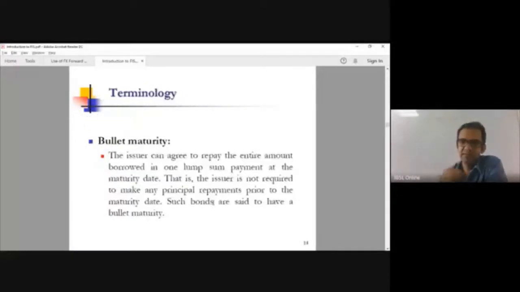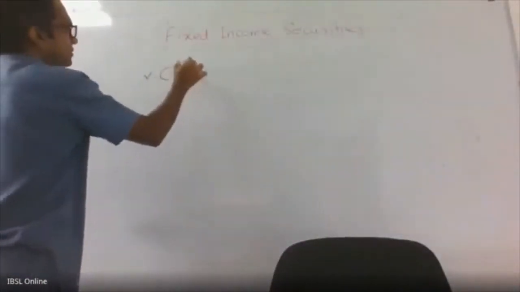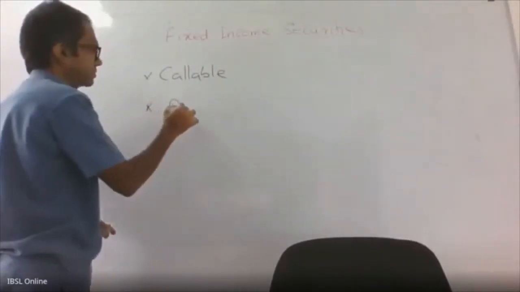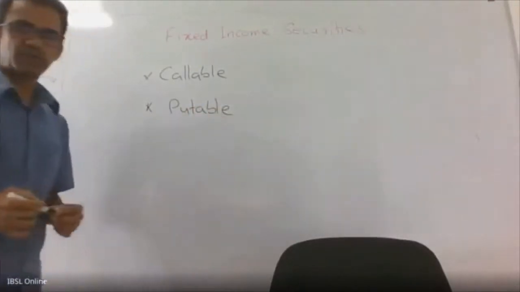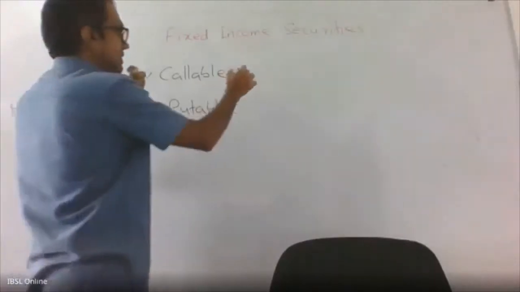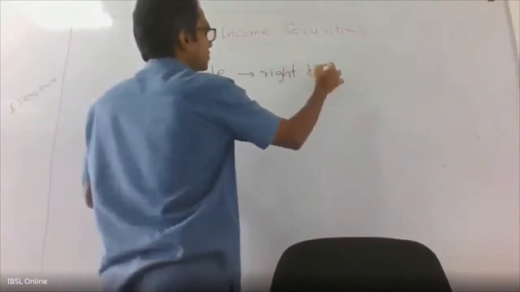The other types are callable bonds and puttable bonds. In the callable bonds, there's a right to the issuer.